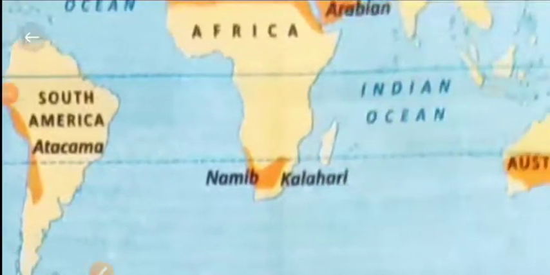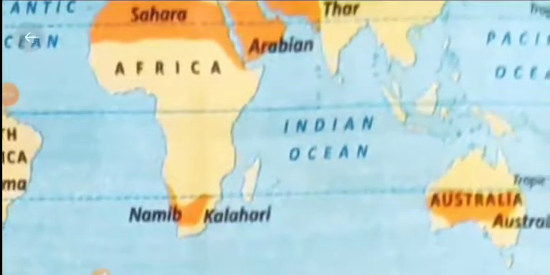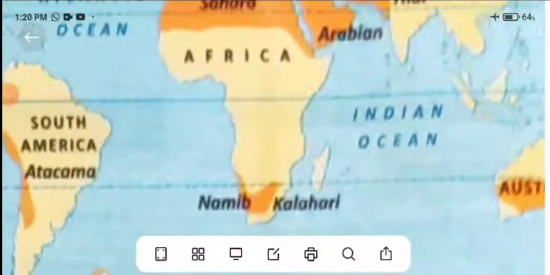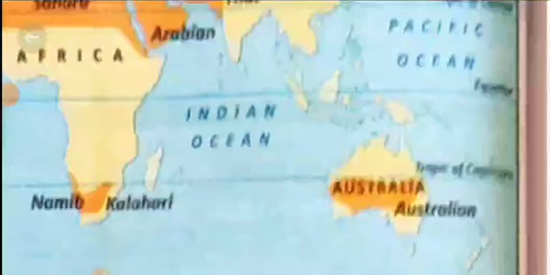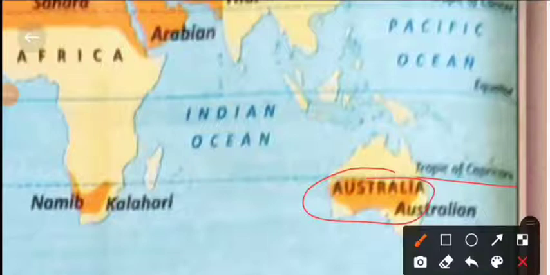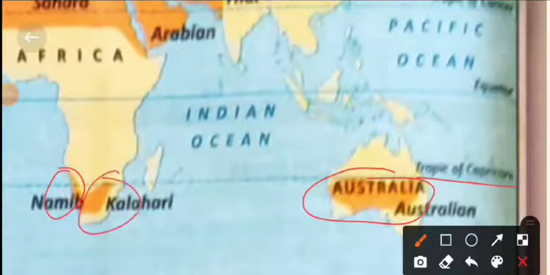Toward the south of the equator, near the Tropic of Capricorn, there is the Australian Desert, which lies in Australia, the Namib Desert in Namibia and South Africa, and the Kalahari Desert, which lies in Sudan, Kenya and South Africa.